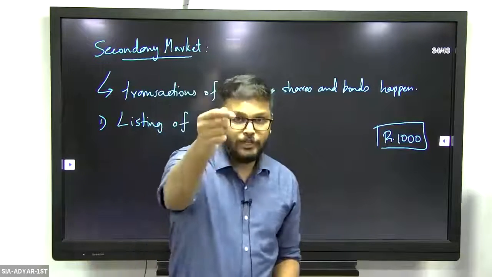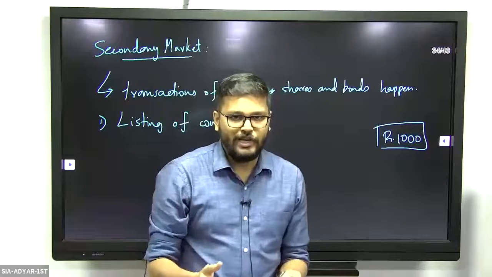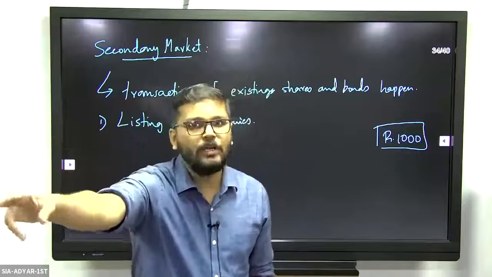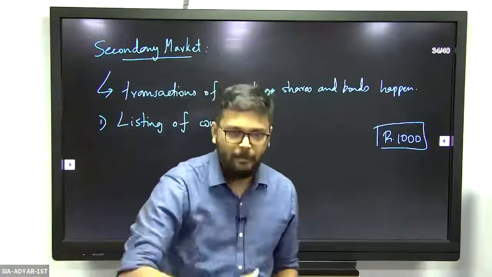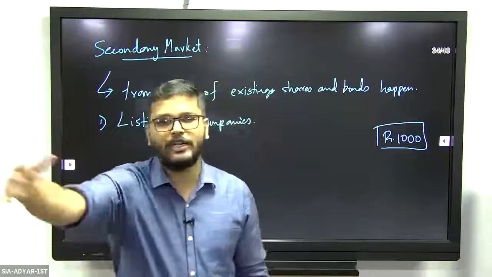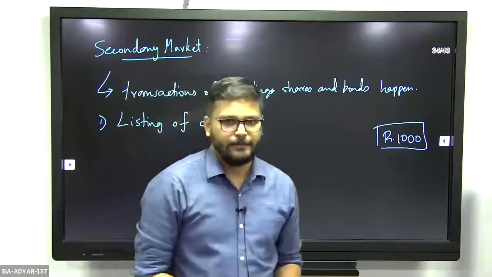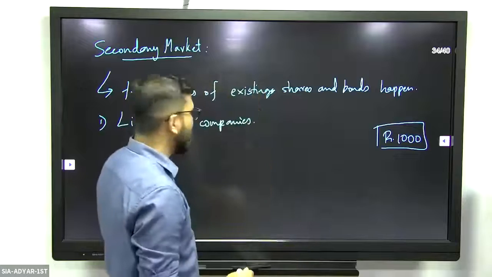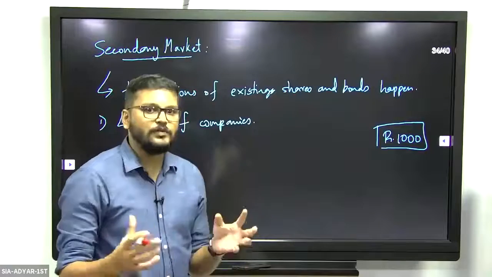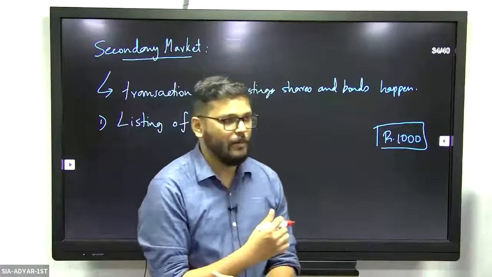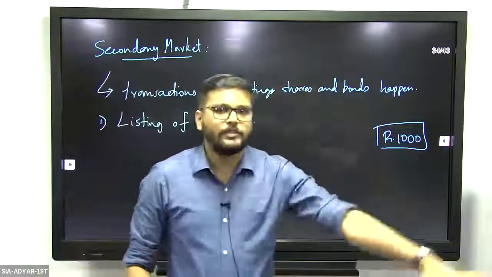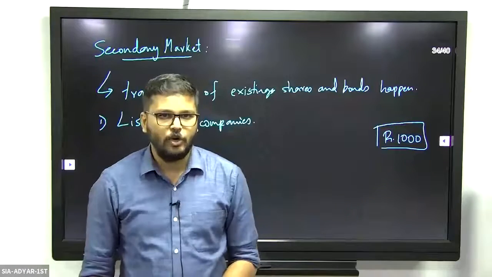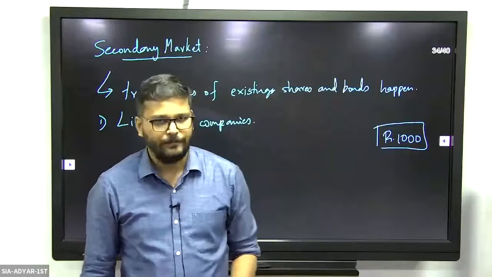So before you issue your new shares, you have to ensure that you will eventually be listed in the secondary market, because only then will buyers come and buy from you, because they know they can go and sell their shares over there. So only listed companies' shares can be sold and bought in the secondary market. All the companies which register with the stock exchange will be listed over there.